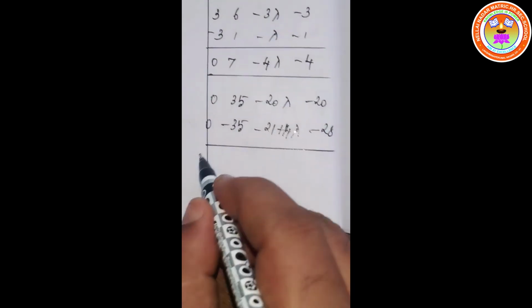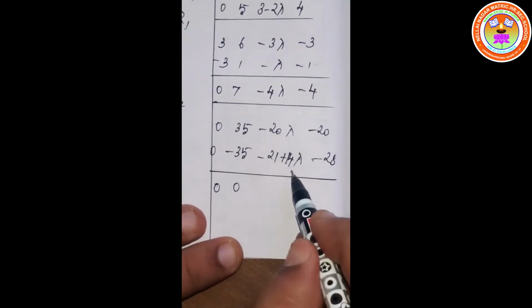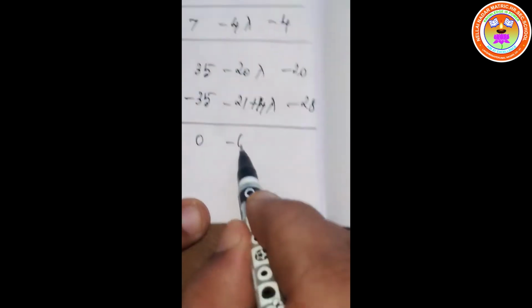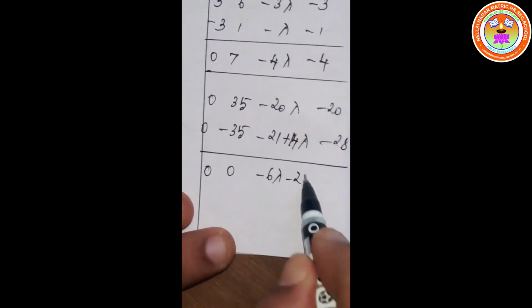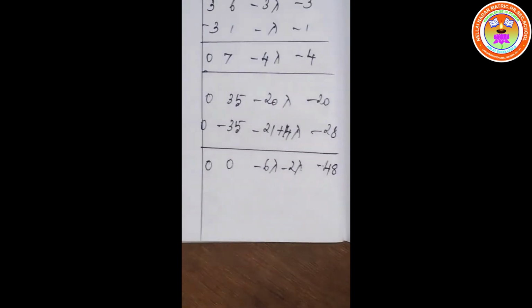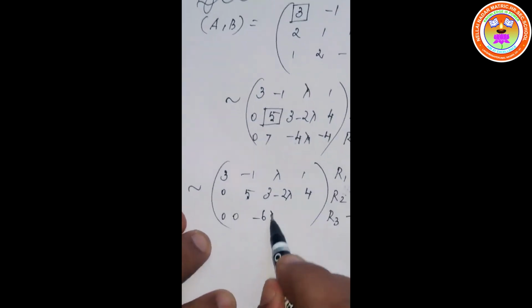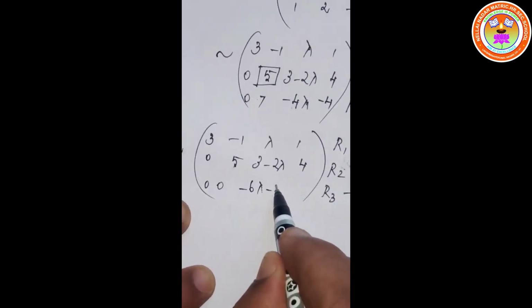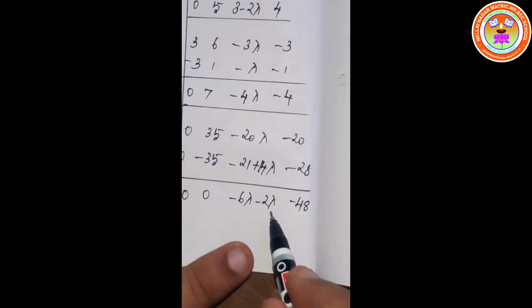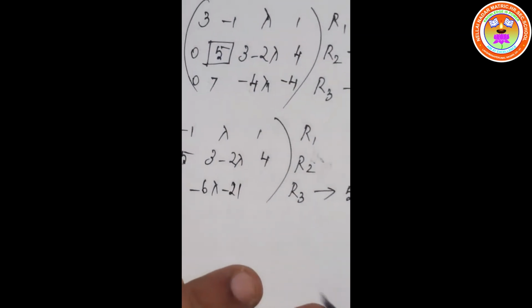Now 0, 0, minus 20 lambda plus 14 lambda, that is equal to minus 6 lambda, minus 21. Add together, minus 48. Right over here 0, 0, minus 6 lambda, minus 21, finally minus 48.